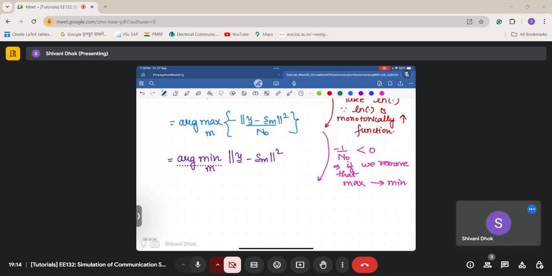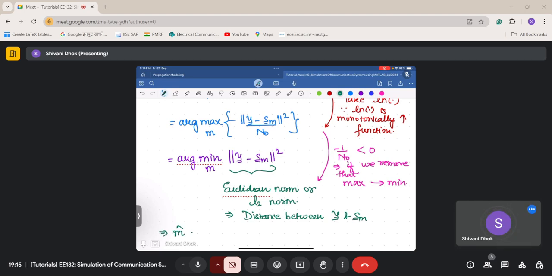So this thing here is the Euclidean norm or L2 norm, which is the distance between vector y bar and Sm, which means that M hat is the M such that the distance between y bar and Sm is the lowest.